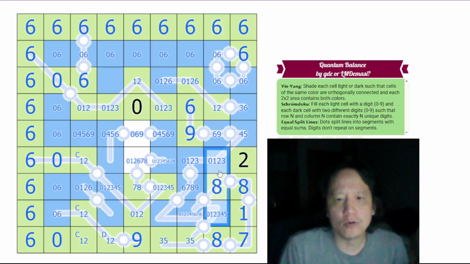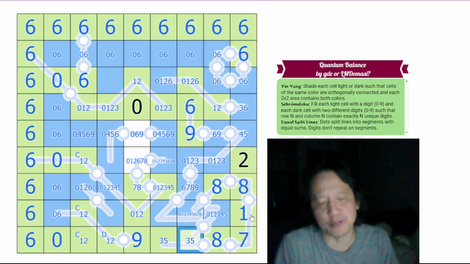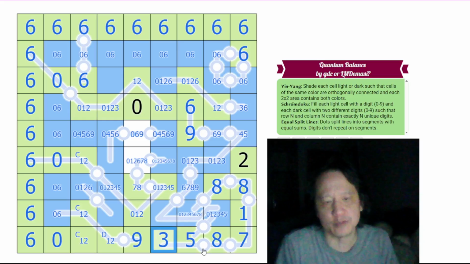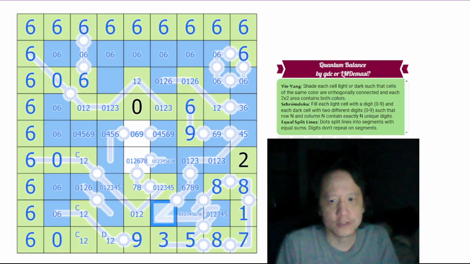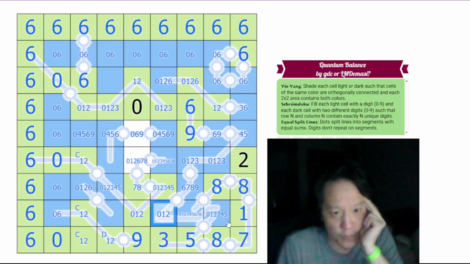We also only have access to 4 and 5 in this cell. So one of these cells must be 4 or 5, which means this must be 5 here, and this must be 3. So the value of this is 5. The value of this is 8. That means this value has to be 2. So this is 0, 1, or 2 here.